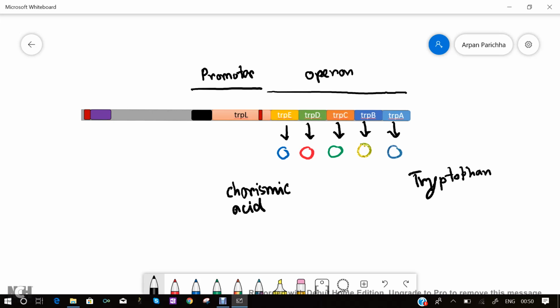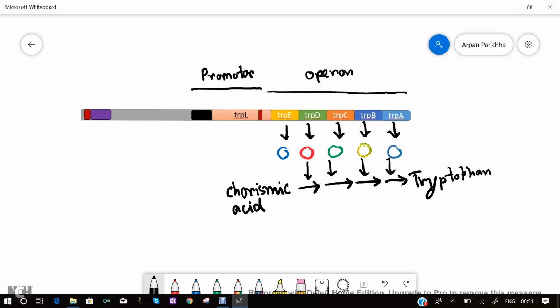This process of conversion of chorismic acid to tryptophan is stepwise, and in several steps, these enzymes play a role. So, simply, tryptophan biosynthesis requires these operon gene products. If the operon gene products are there, tryptophan biosynthesis would be aided. If the tryptophan operon genes are not transcribed, then tryptophan biosynthesis won't happen.